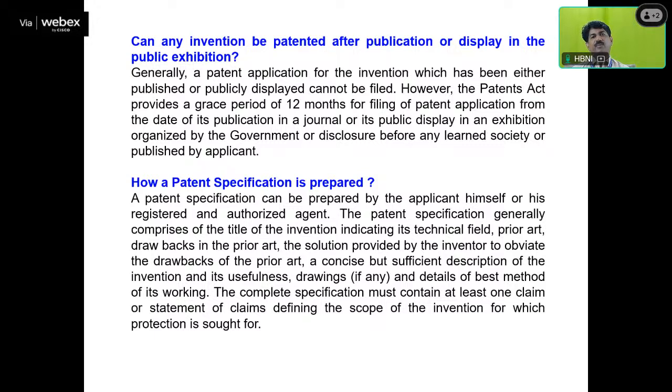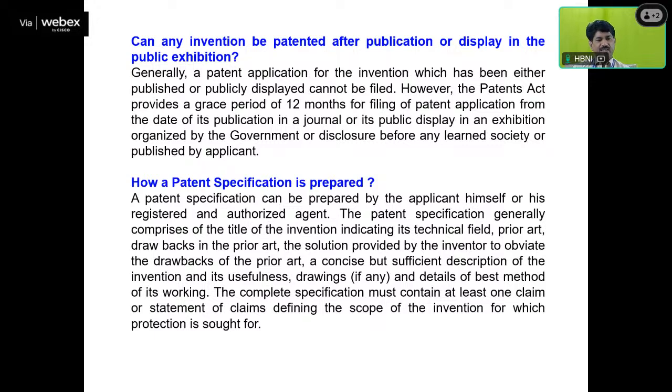So if somebody publishes a work in a journal, it is possible to go for a patent application, but it has to be completed within 12 months. Otherwise that will not be valid. So this option is there, and even if it is already published, there is scope that an application can be given for a patent.